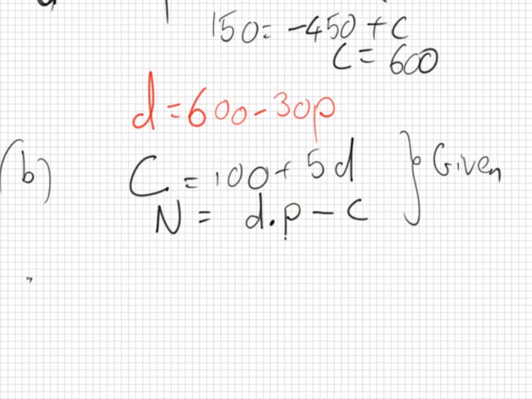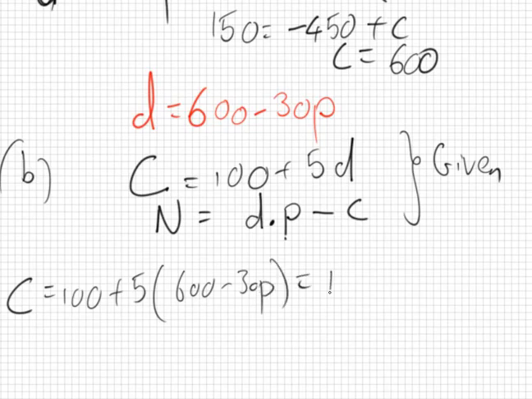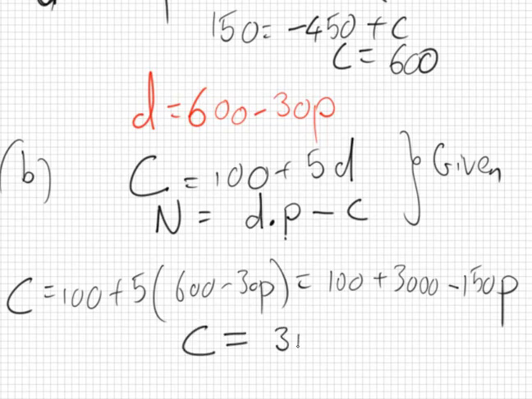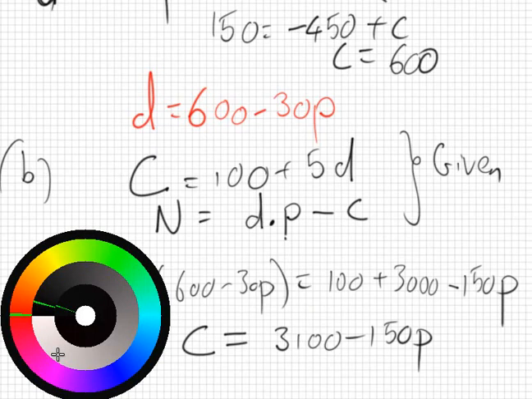C equals 100 plus 5D, which is 600 minus 30p. So that's 100 plus 3000 minus 150p. So my first answer is C equals 3100 minus 150p.